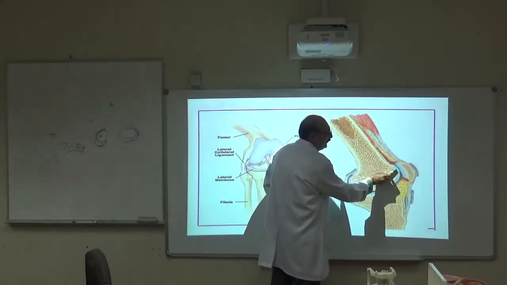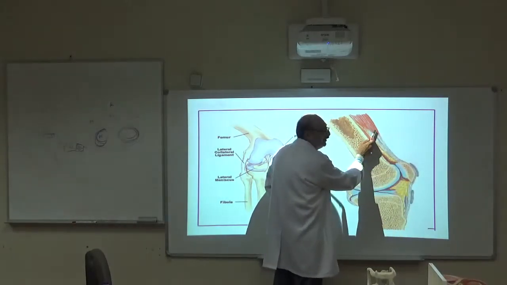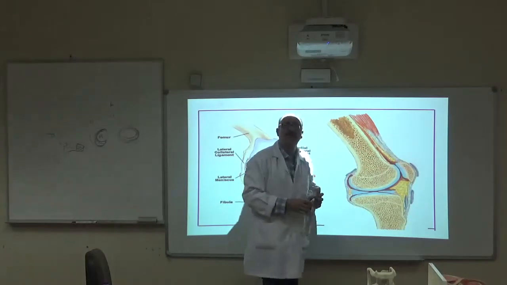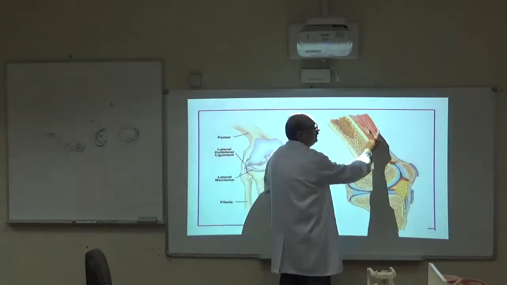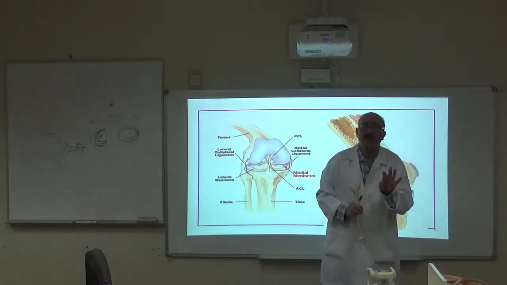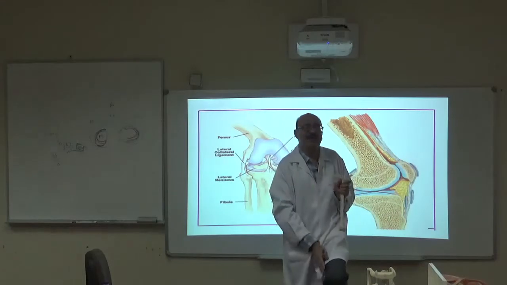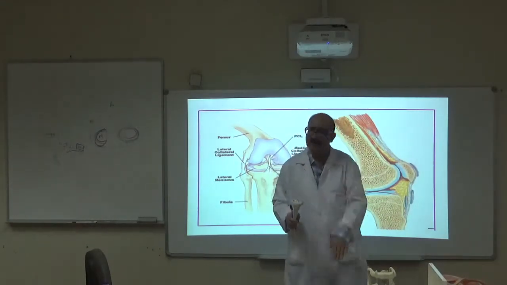In front of the femur, there is attachment of the patella, which is enclosed in the tendon of quadriceps femoris. You know quadriceps femoris is made up of four muscles: vastus medialis, vastus lateralis, vastus intermedius and rectus femoris.